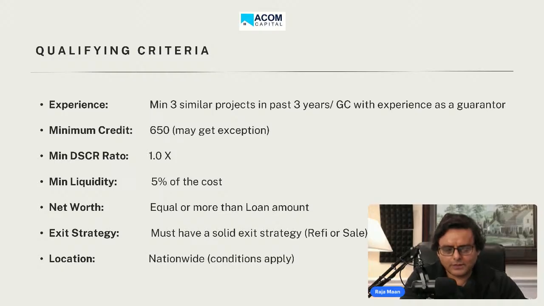It can be zero, but if the loan is $10 million, I would say $2.5-3 million may work, provided you have other great assets like experience, credit, past projects, and debt to income ratio. You must have a solid exit strategy: refi, sale, or permanent financing.